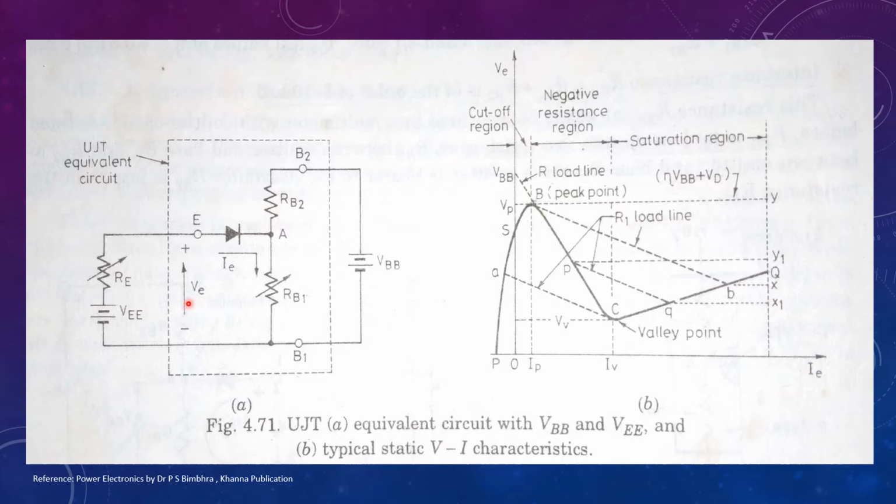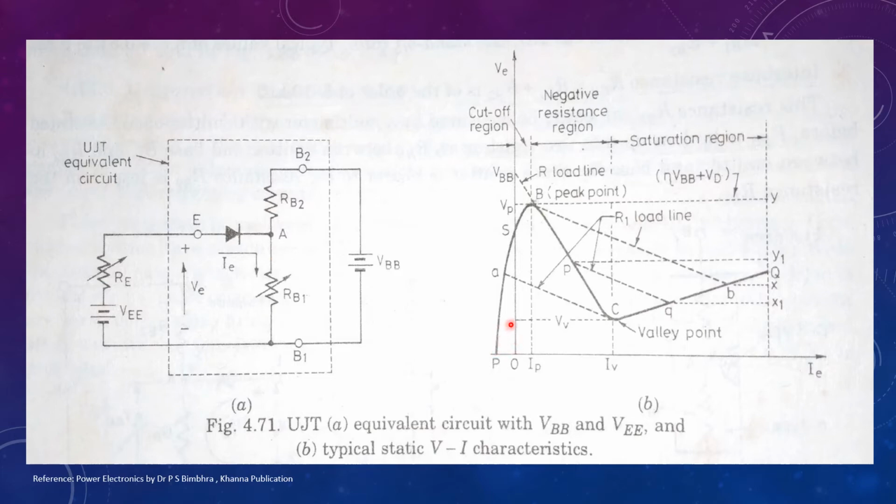The magnitude of voltage VE can be controlled by varying the resistance RE. The voltage at point A is eta VBB. As long as emitter voltage VE is less than eta VBB, the emitter base 1 junction will be reverse biased.